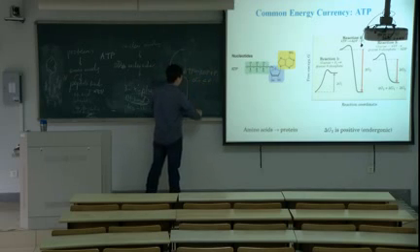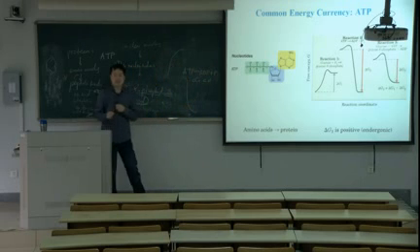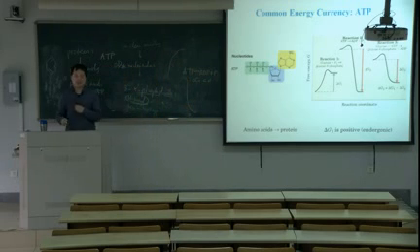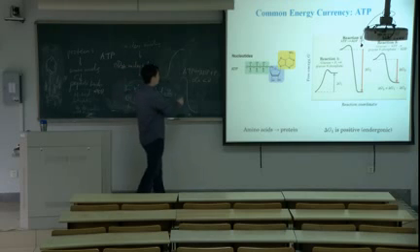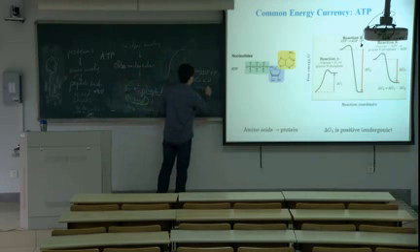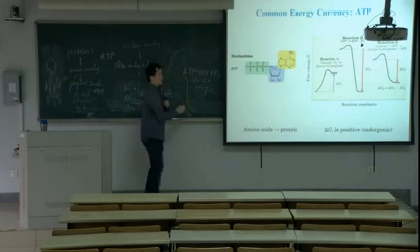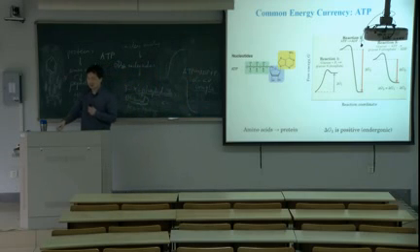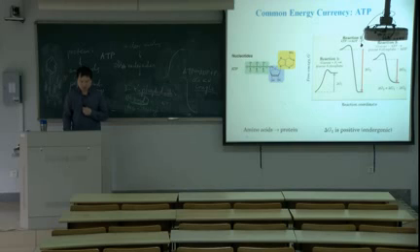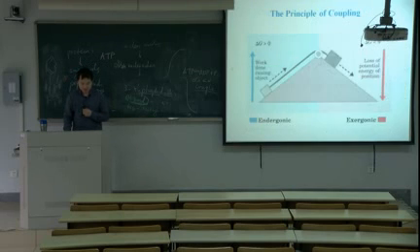And what happens in cells is we couple the two reactions together. Couple means we add the two reactions together so that when amino acids are forming proteins, at the same time, ATP is hydrolyzed.